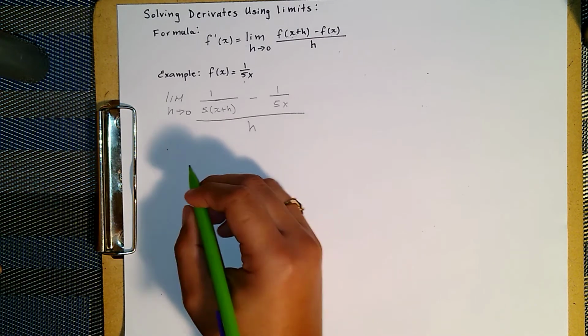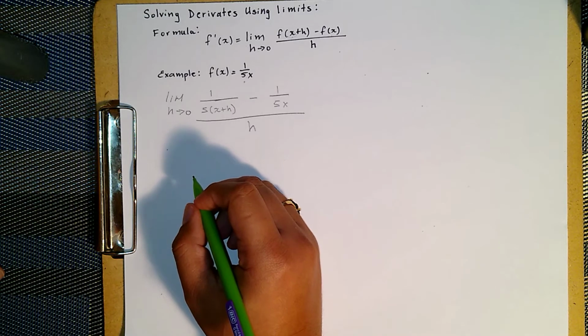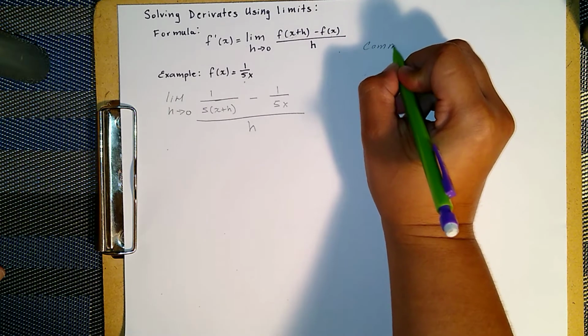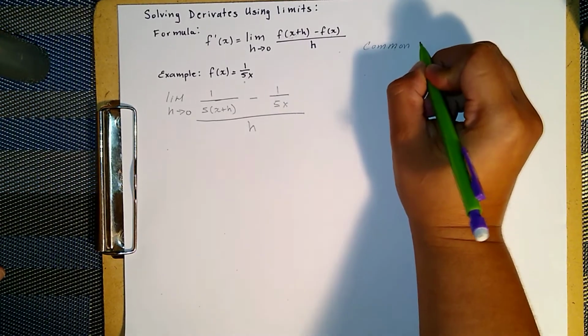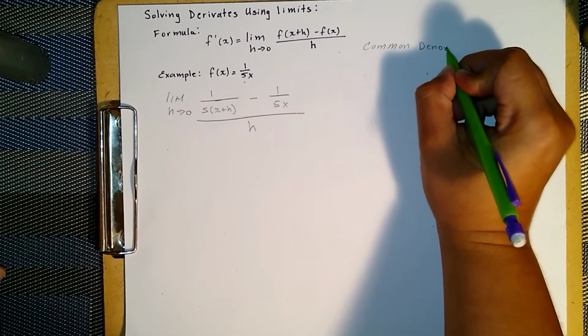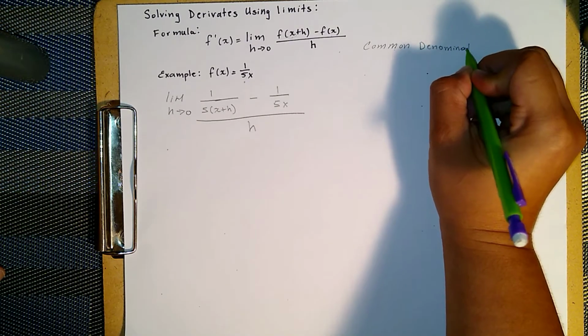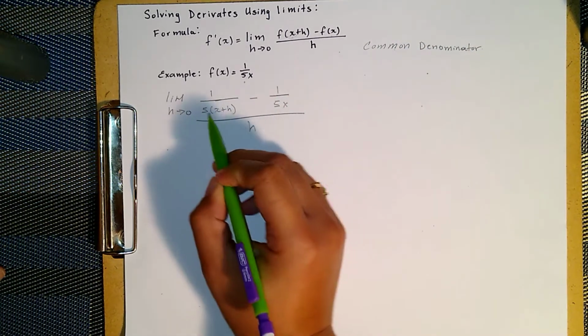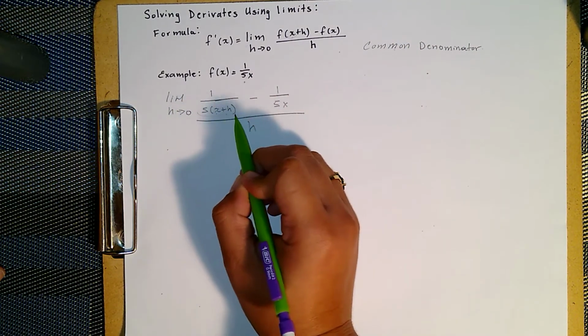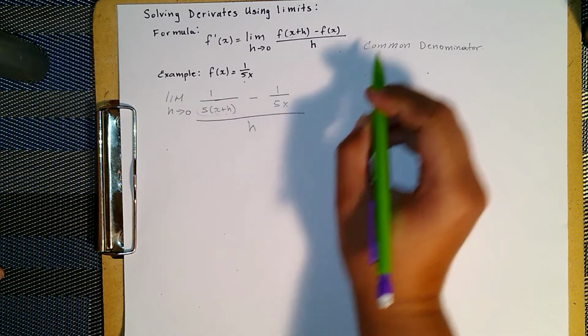Then we'll approach by looking for the common denominator. The common denominators are 5x plus h and 5x.